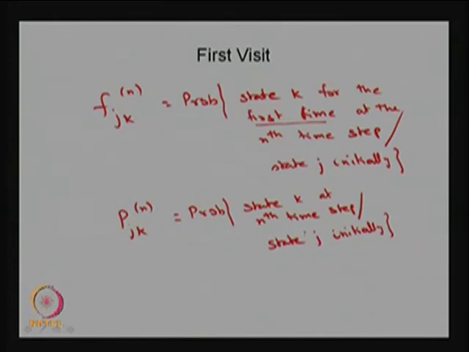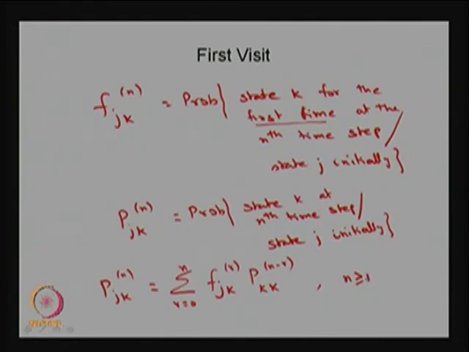I can relate both in the form of p j suffix k superscript n, that is an n step, which is the same as the sum of f suffix j k of r steps and p suffix k k of n minus r steps, where r can vary from 0 to n, for n greater than or equal to 1.